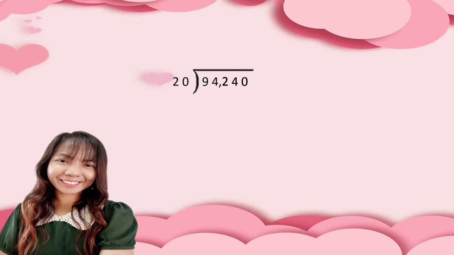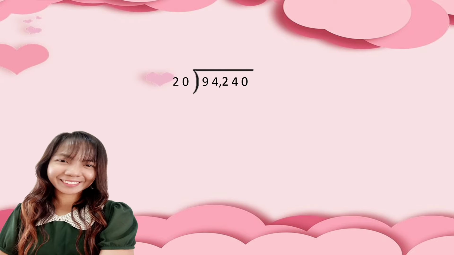So we have here 94,240 divided by 20. So you have to pick some digits from the given number to start in division, okay? So if you're going to pick only one digit, let's say 9 divided by 20, it cannot be because the 9 is smaller than 20.